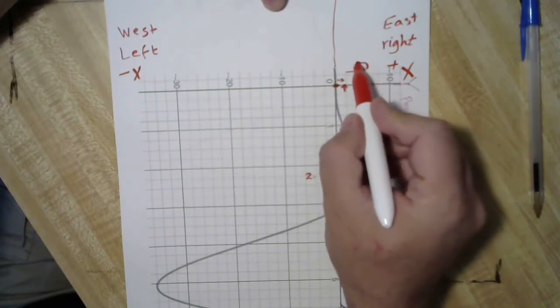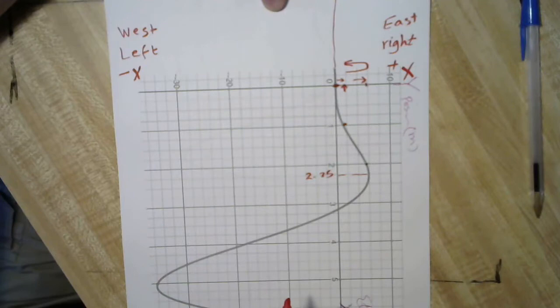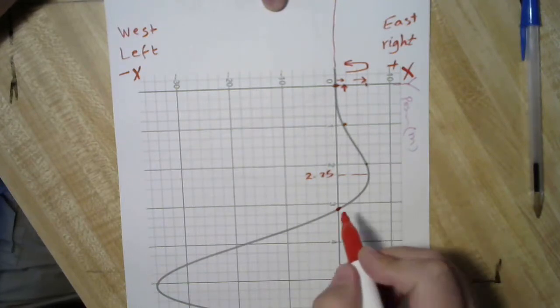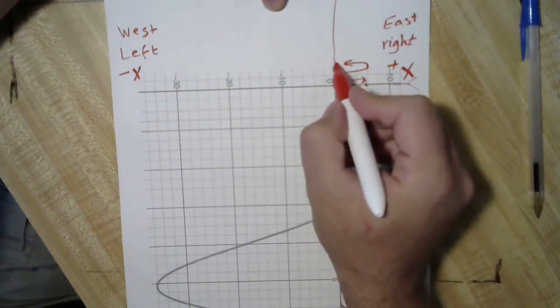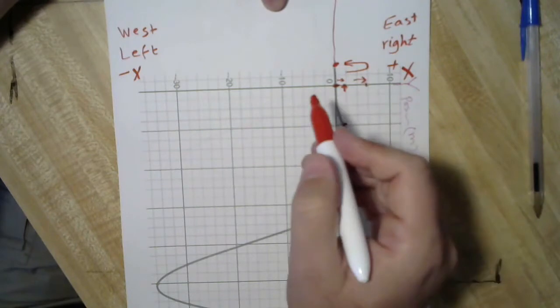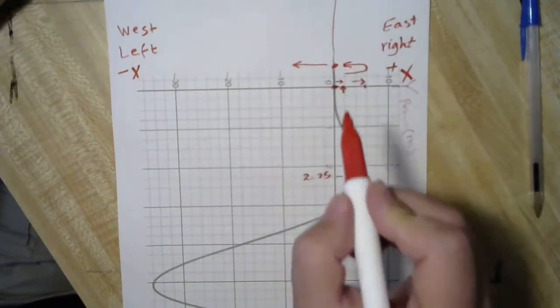It will reverse its motion. At t equal 3.2 or something like that, the body reaches the origin again. Then it starts moving in the negative x direction.